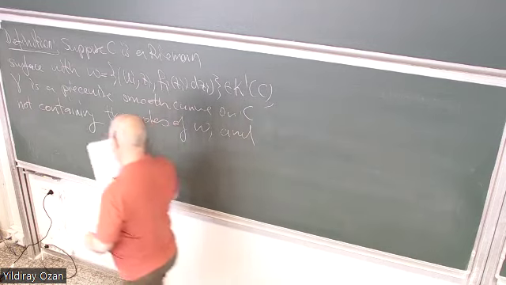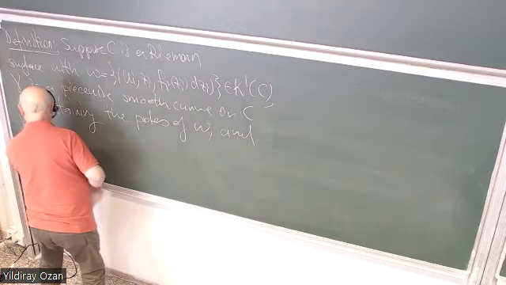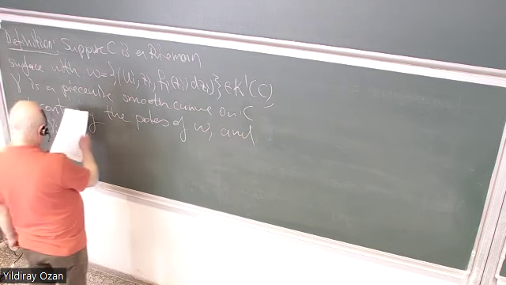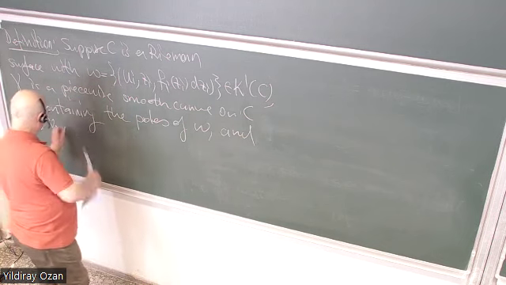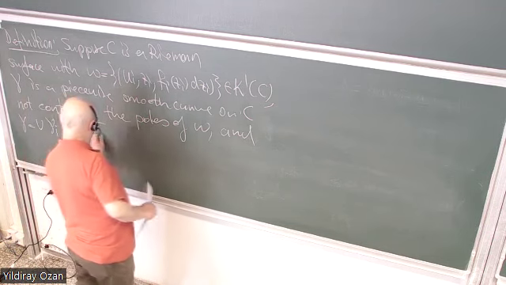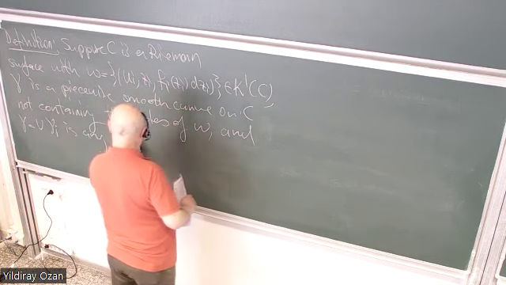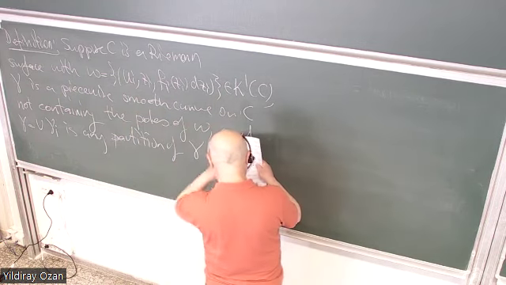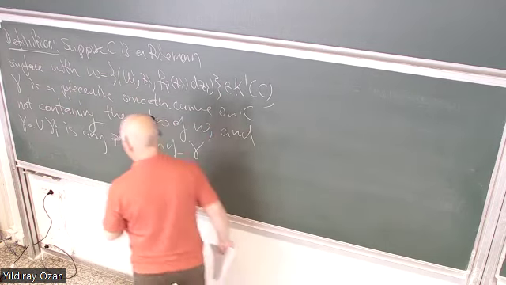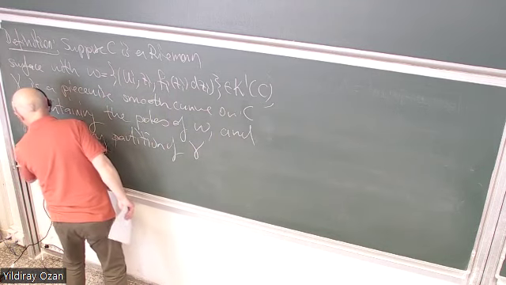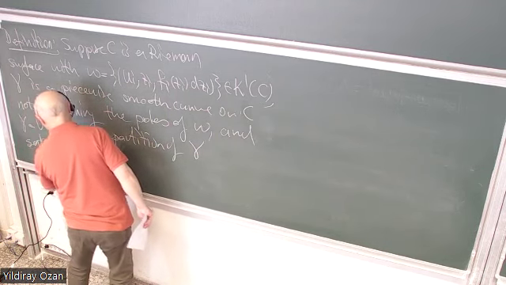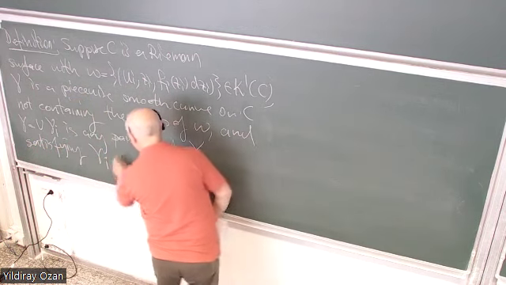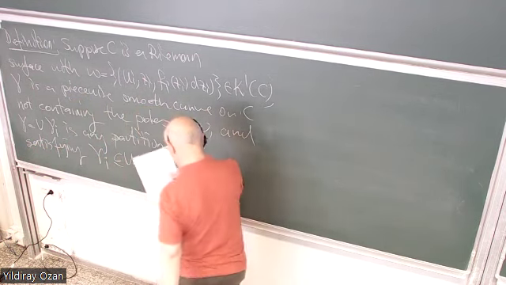And gamma is the union of gamma_i's, any partition of gamma satisfying that each gamma_i lies in U_i.